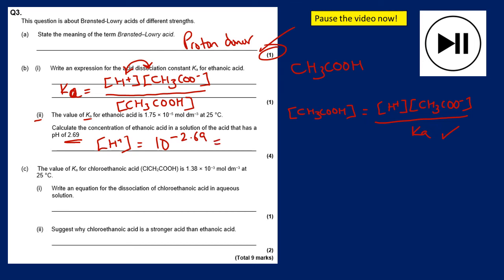And if you put that into your calculator, you end up with 2.042 times 10 to the minus 3 moles per decimeter cubed, and these two are equal to each other this time. So we can do 2.042 squared divided by 1.75 times 10 to the minus 5, and that gives us our answer of 0.238 moles per decimeter cubed for your concentration of ethanoic acid.